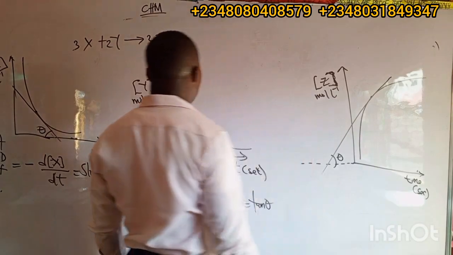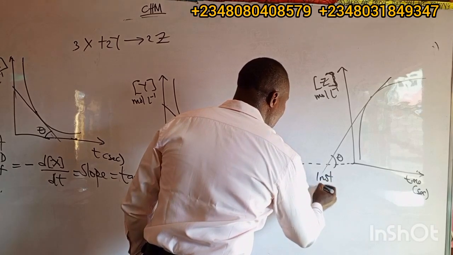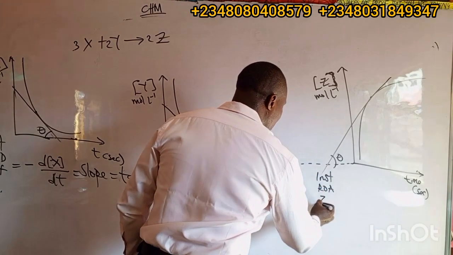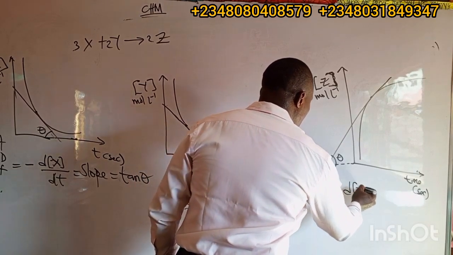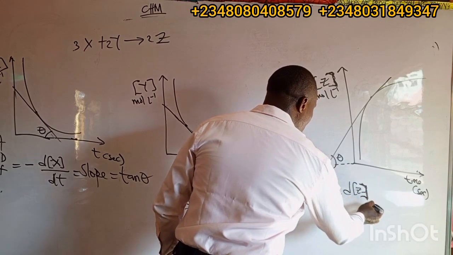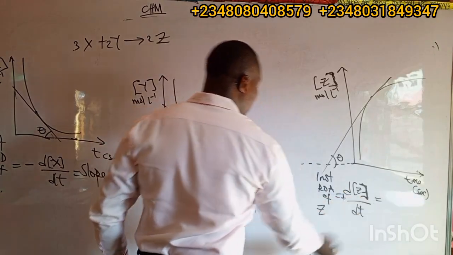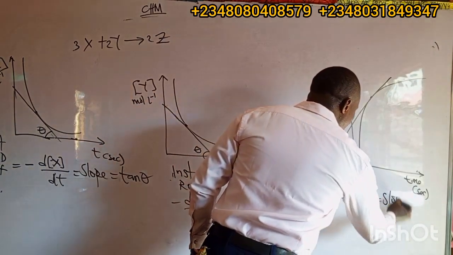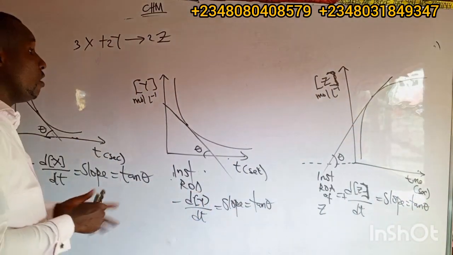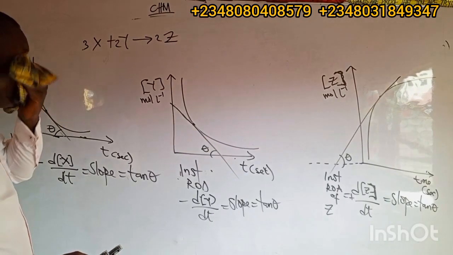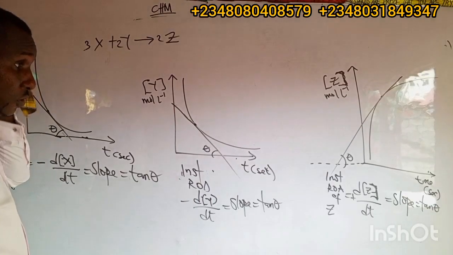Then for this one, instantaneous rate of appearance of Z equal to dZ dt, which is positive, equal to the slope, which is equal to tan theta. Take note. This is the graphical representation of instantaneous rate of reaction. Take note of that.